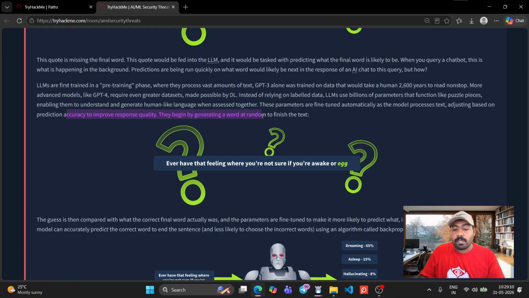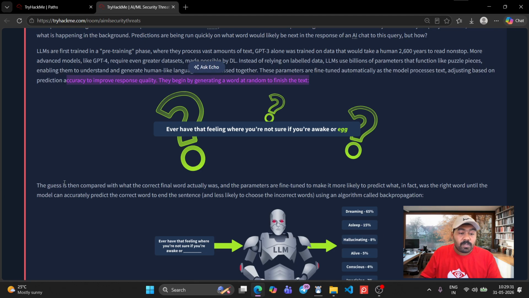They begin by generating a random word to finish the text. So let's ask again this particular thing to ChatGPT or any chatbot: ever have that feeling where you are not sure if you are awake or blank? The LLM will fill that blank portion with a random term.